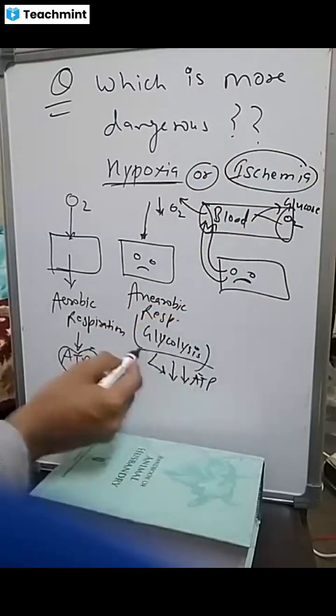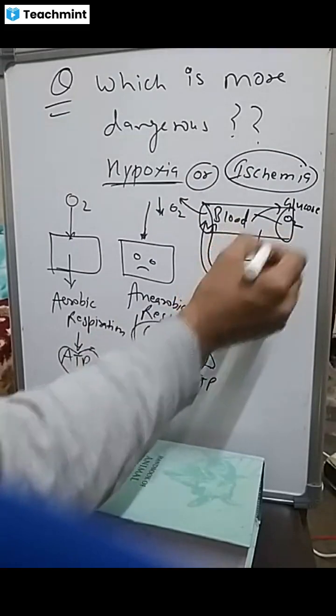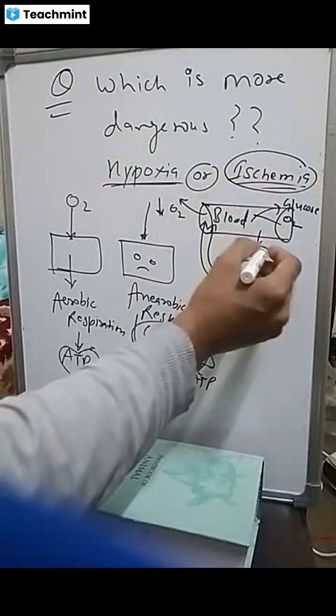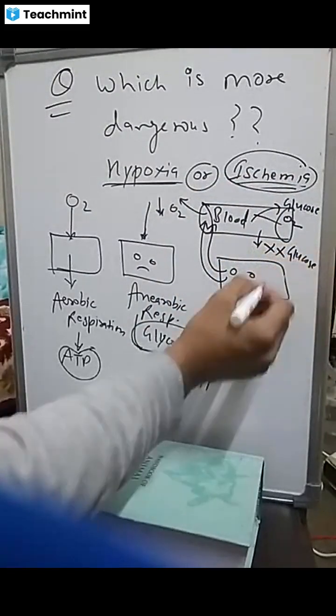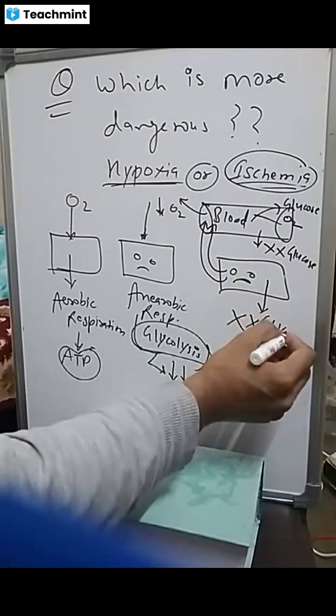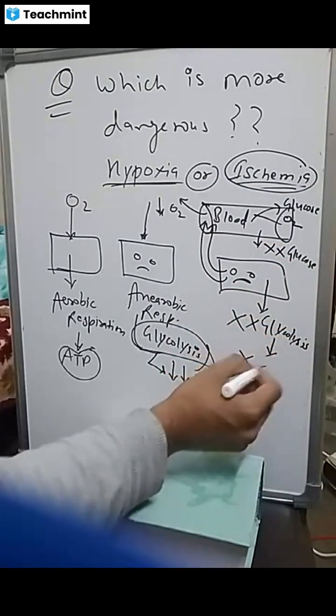here glycolysis is there, but if blood is not coming, ischemia is there, then there will be no glucose. No glucose means there will be no glycolysis. No glycolysis means no ATP.